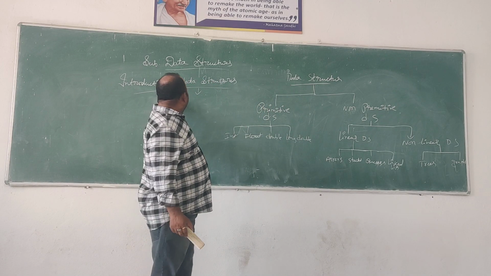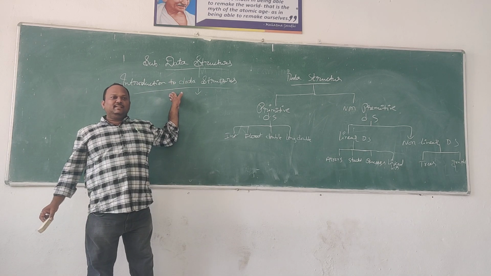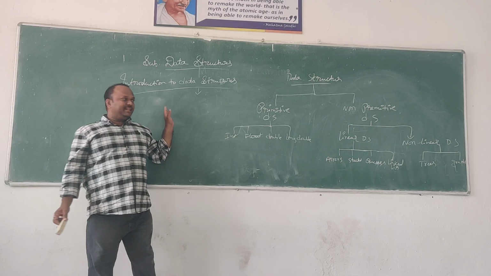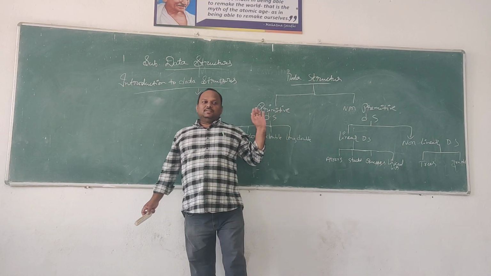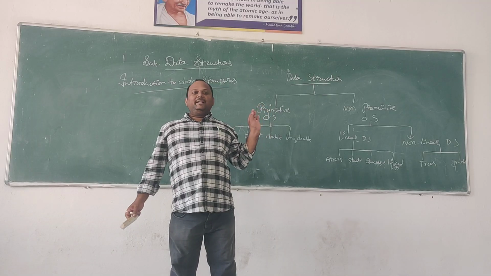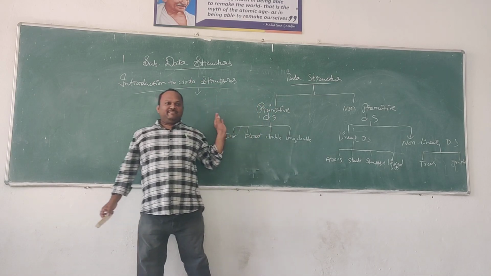Here you can see the exact data structure definition. In data structure, complete algorithms will be there. These algorithms can be implemented in any programming language, not only in the C programming language.